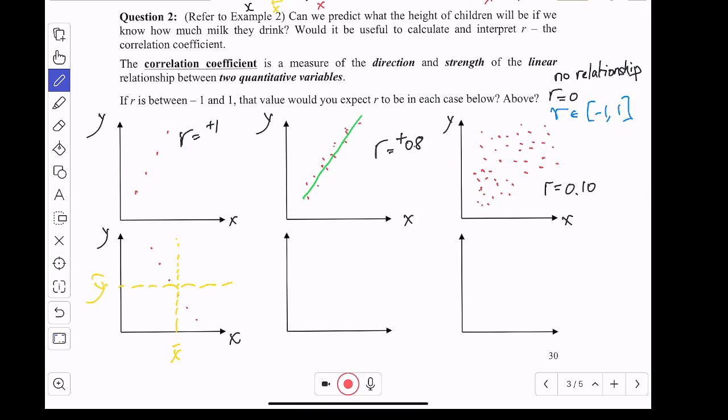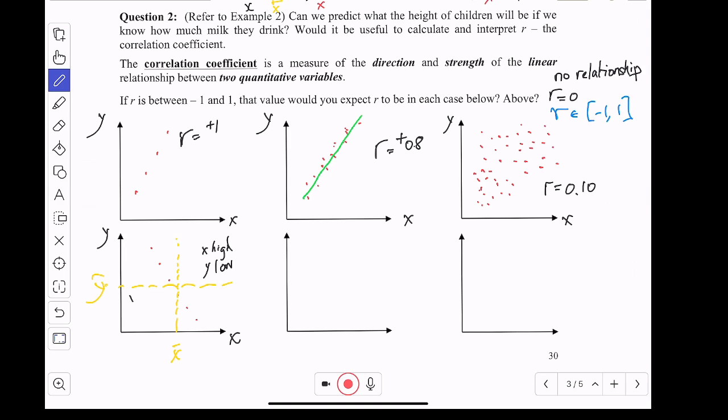So what do we say here? When x is above its mean, y is low, right? So when x is high, y is low. That's an opposite relationship. And then it's confirmed on the other side as well.